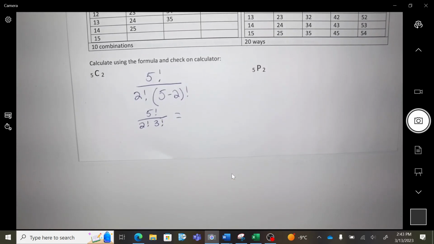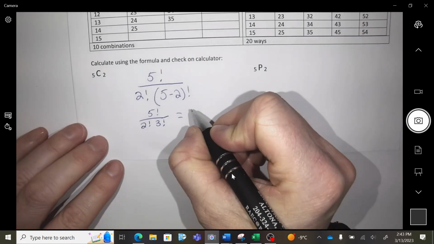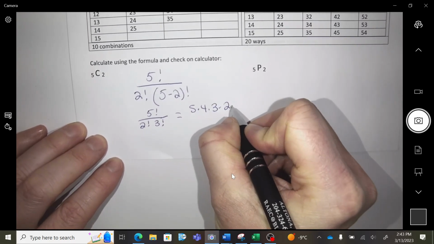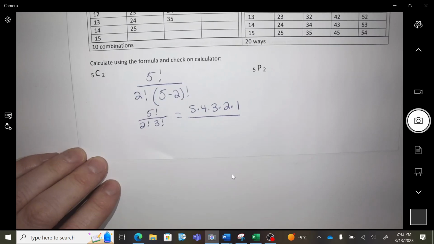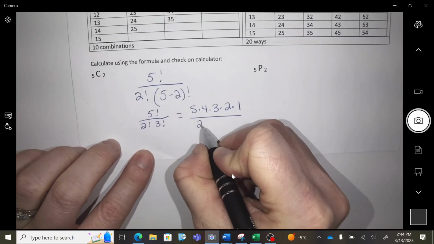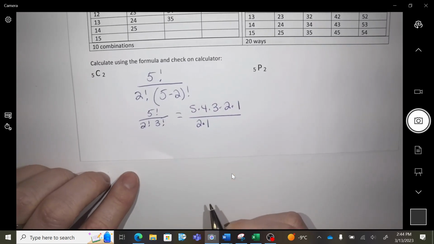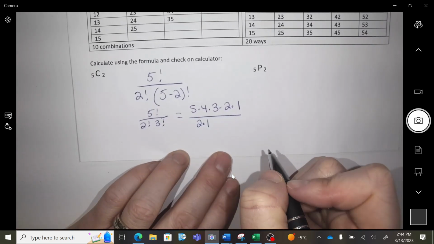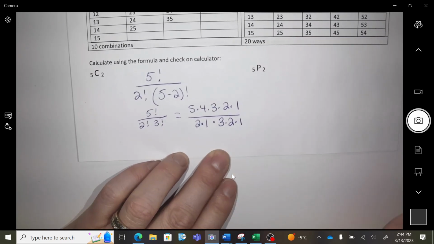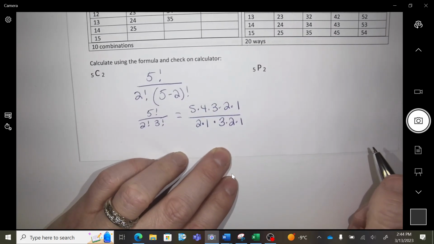Okay, no calculator typing. We're going to do this all by hand. Expand 5 factorial for me. So what would it look like? 5, 4, 3, 2, 1. What does 2 factorial look like? 2 times 1. What does 3 factorial look like? 3, 2, 1. What do you think?